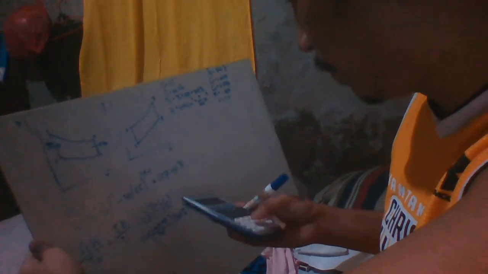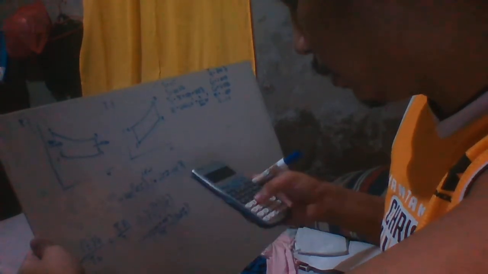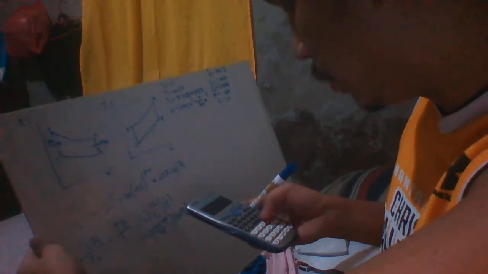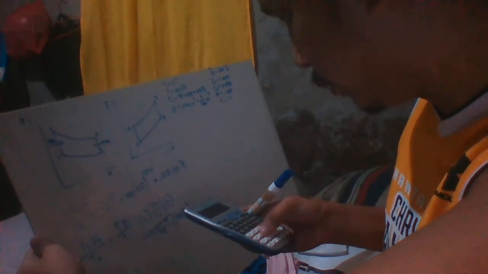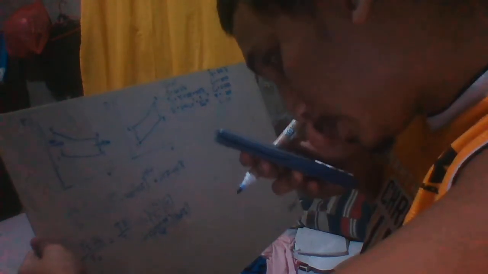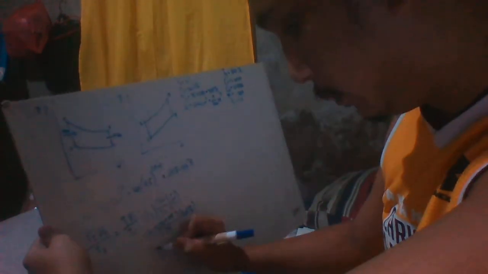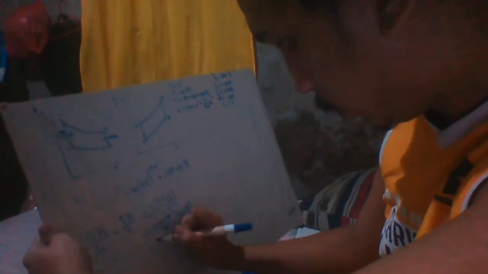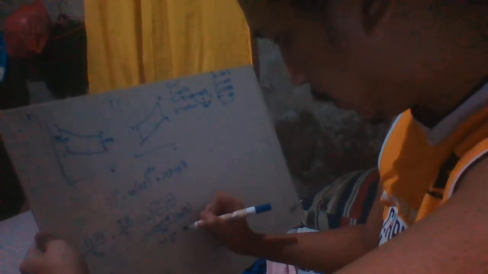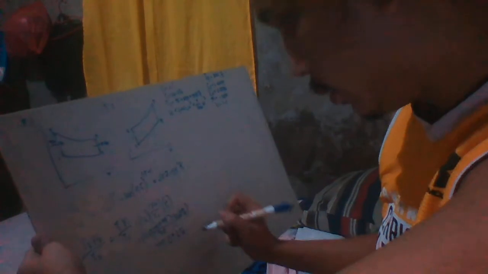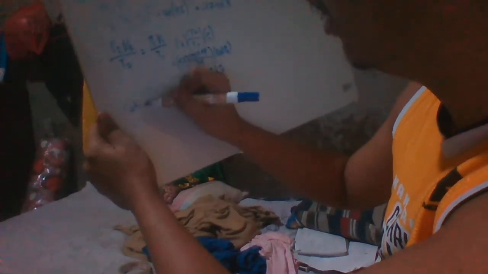As we solve this, 9.5 times 757 over 308 times 100, we will have an answer of 2,337.83 kilopascal.